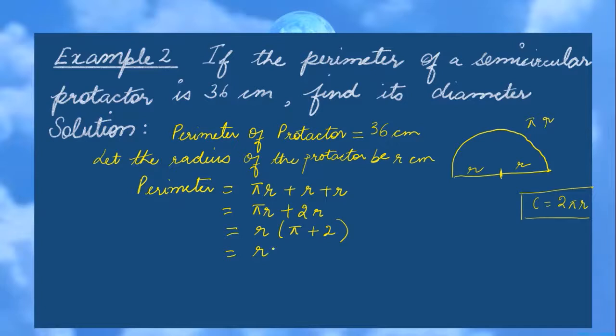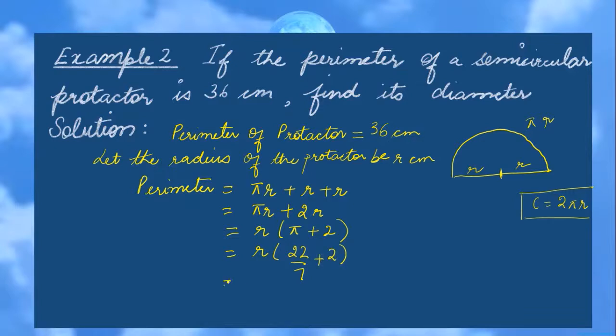Or you can say r, pi is 22 by 7. And the value of pi, somewhere we are using 22 by 7 and somewhere we are using 3.14. If it is specified in the question that use 22 by 7 or that, then use that one. Otherwise you can use anything, 22 by 7 or 3.14, plus 2.